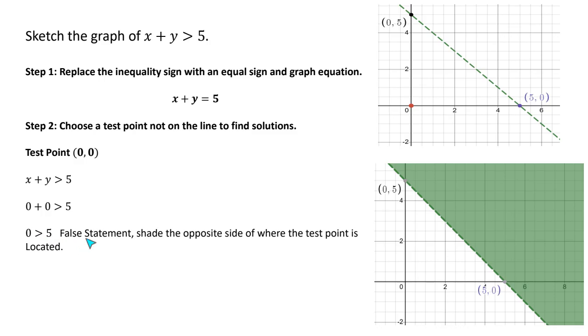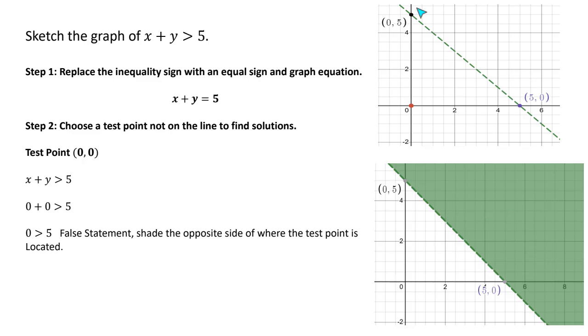Since we get a false statement, we're going to shade the opposite side of where that test point is. The test point was located here, and since we got a false statement, we shade on the opposite side. And so here is the solution for this inequality.